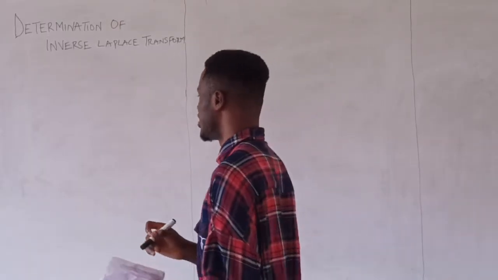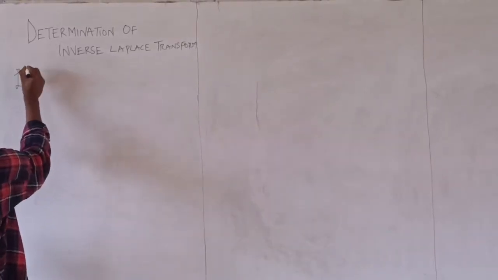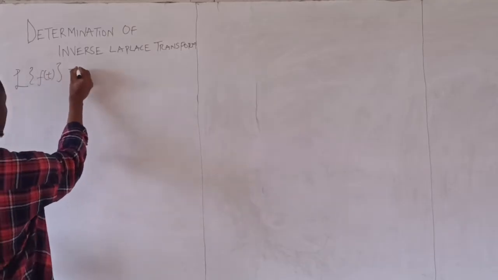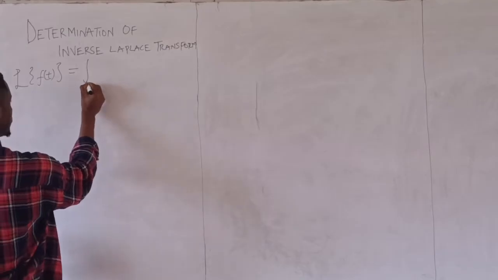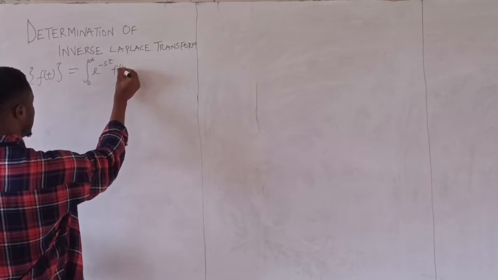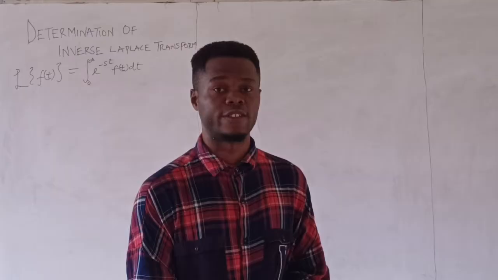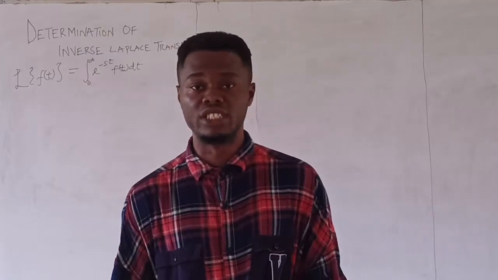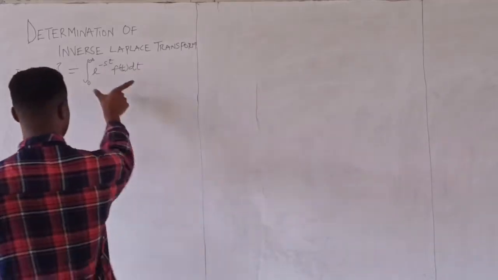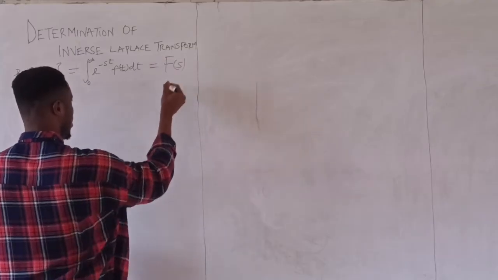From the beginning, we're told that the Laplace of f of t is equal to the integral from 0 to infinity of exponential of minus st f of t dt, right? So this is the definition of the Laplace transform. And from the last video that we did, this was the definition that I gave. But mind you that this definition as well is equal to f of s, right?